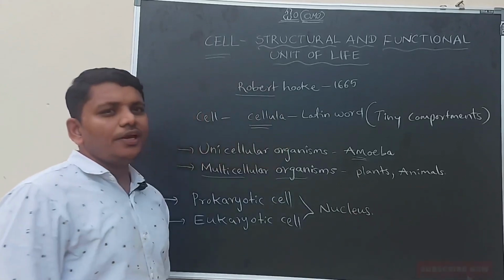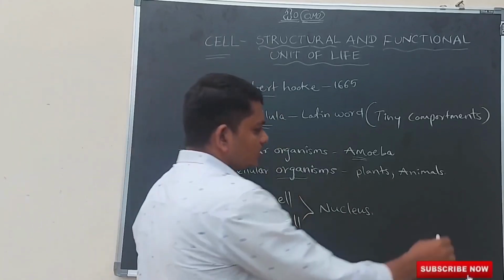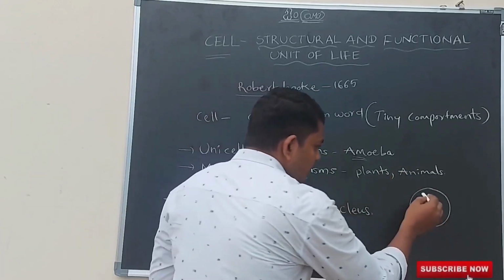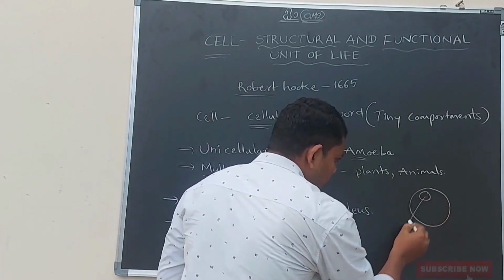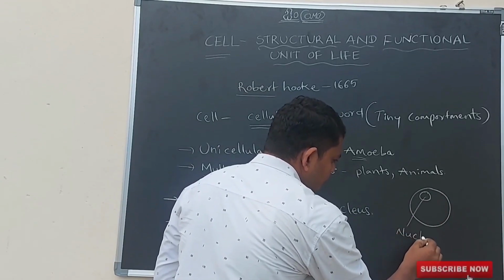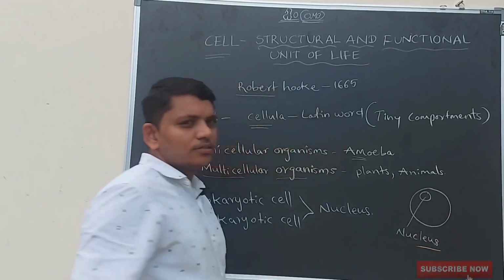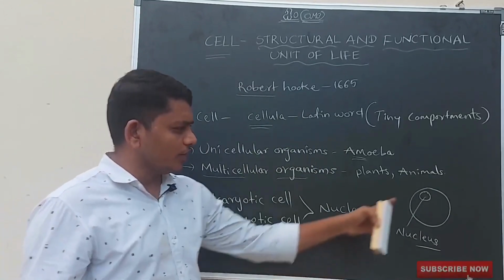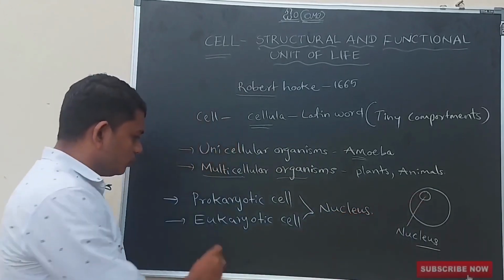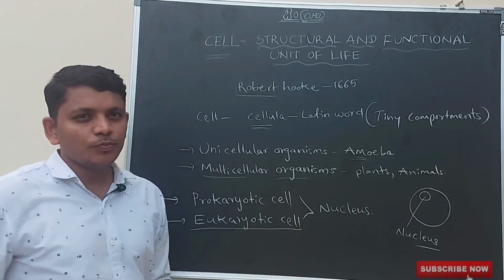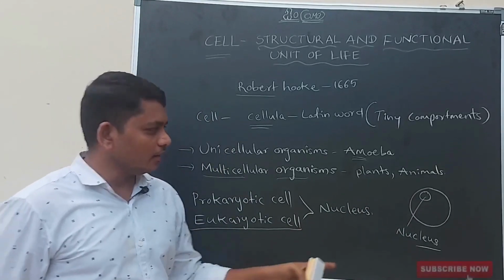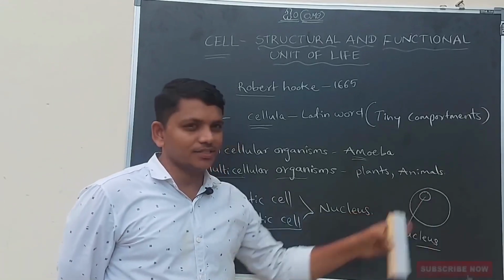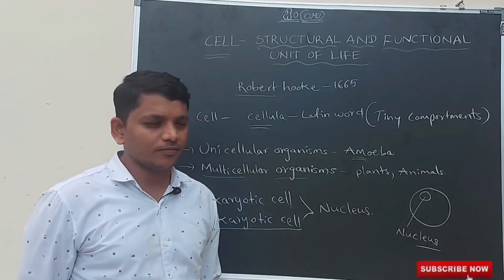You know, in cells there is an important organelle called the nucleus. If a cell contains the nucleus, it is called a eukaryotic cell, which means the cell contains membrane bound organelles and a well defined nucleus.